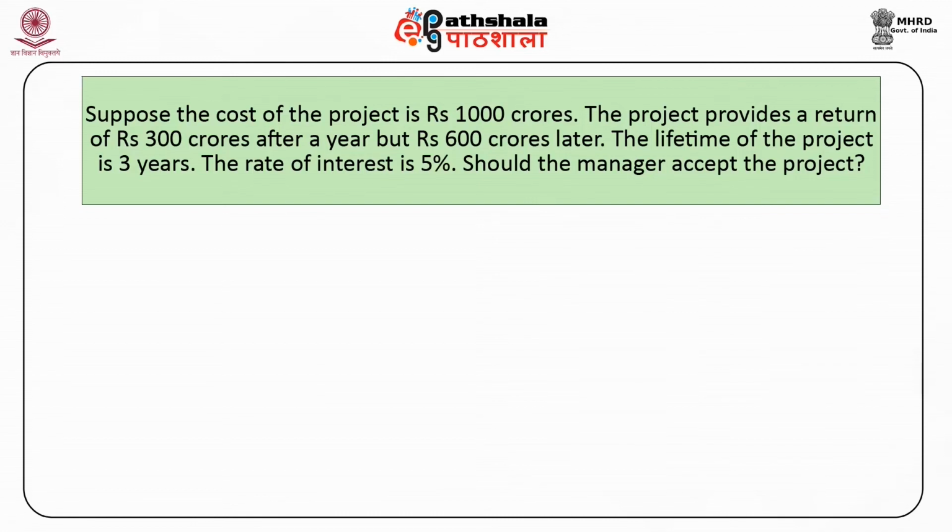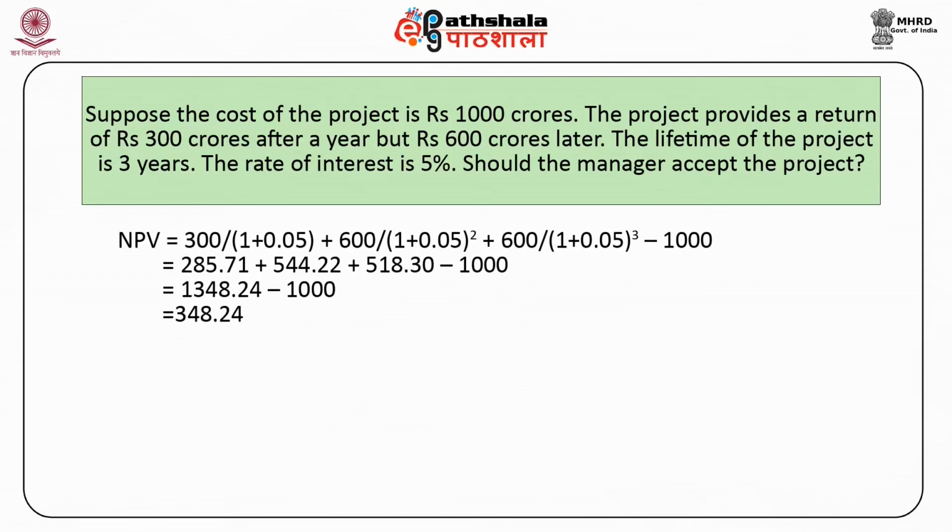The lifetime of the project is 3 years. The rate of interest is 5%. Should the manager accept the project? To answer this, we need to compute the net present value.